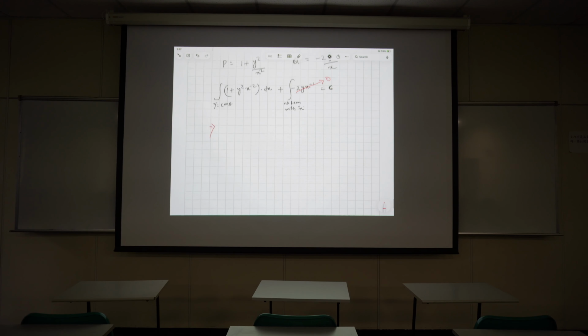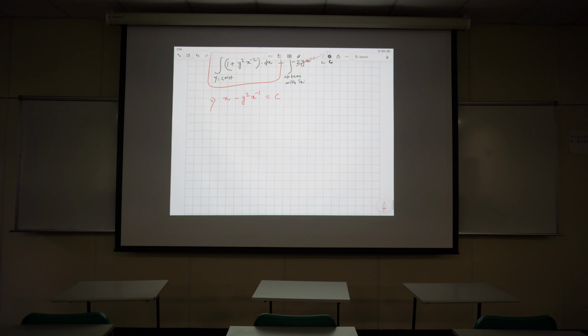So you will be left with this one, where y is a constant, right? Yeah, so it is just x minus y square, so minus minus it will be plus. Oh, sorry, it was actually plus, so it will become minus y square x inverse is equal to constant. Yeah. That means you can write x square minus y square is equal to cx.